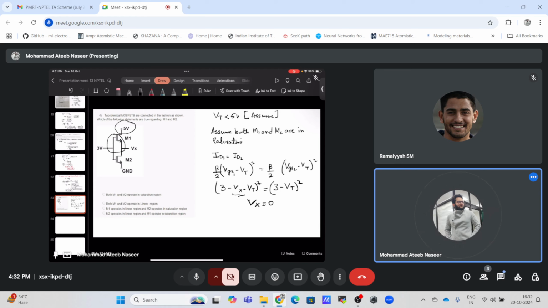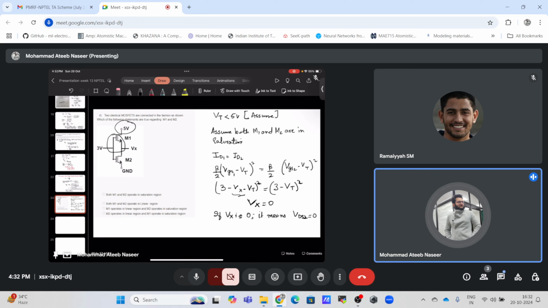Okay, so if Vx is 0, what does it mean? It means VDS2 is 0, which is not possible.